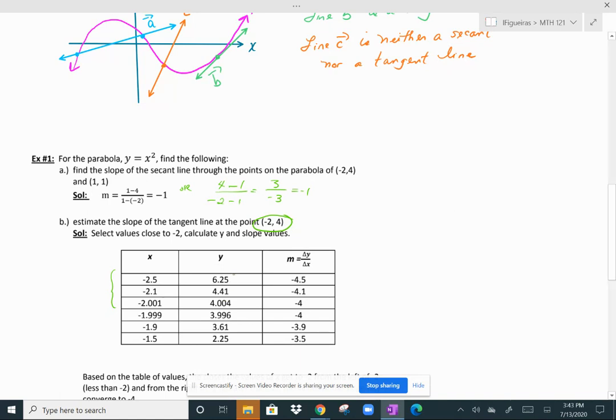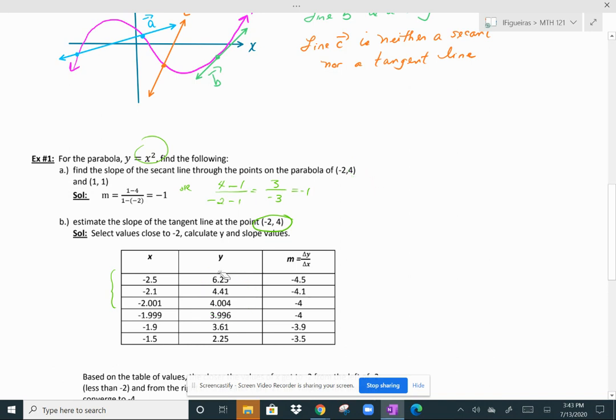I get the y values by plugging them into my function. And remember, your function is x squared. So -2.5 squared is 6.25, -2.1 squared is 4.41, and -2.001 squared is 4.004. Notice that these y values are also getting closer to what that y value is at -2, 4.